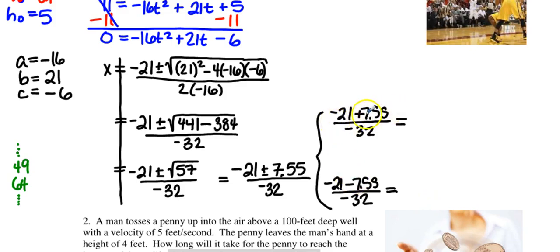So when I do negative 21 plus 7.55, I got negative 13.45, and I'm dividing that by negative 32. Negative divided by a negative is a positive. Dividing that by 32, I got 0.42.